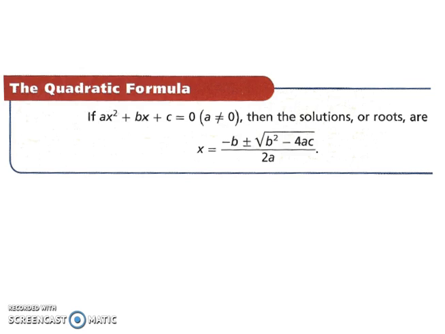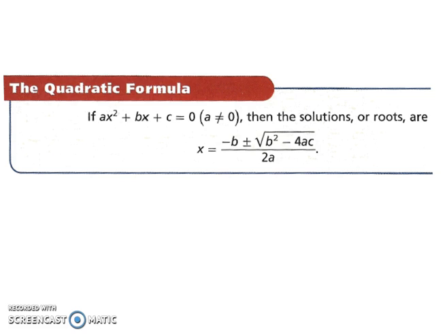The quadratic formula. If ax squared plus bx plus c equals 0, and a cannot equal 0, then the solutions or roots are x equals the opposite of b plus or minus the square root of b squared minus 4ac, all divided by 2a.